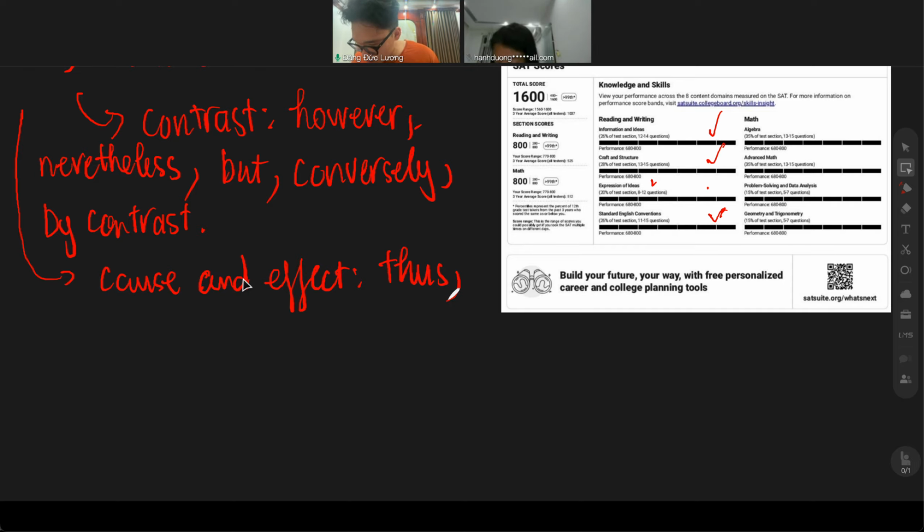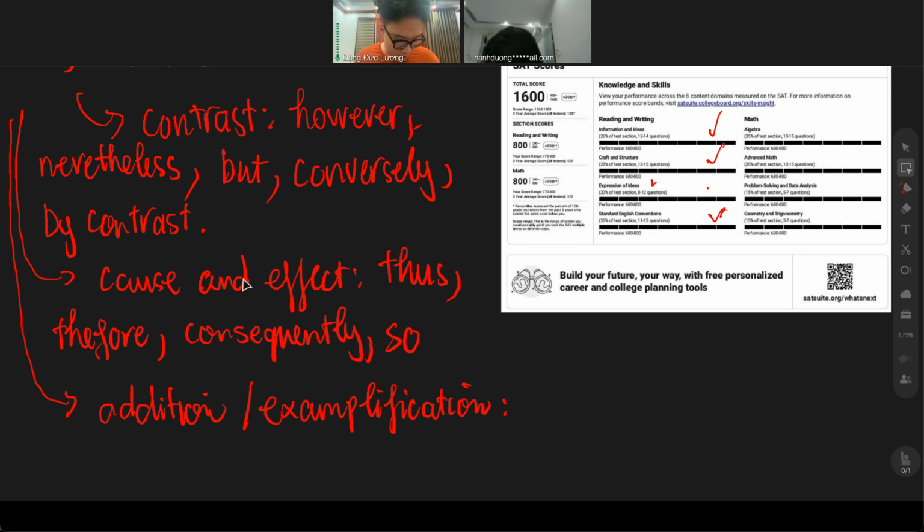Third is addition or exemplification. It has moreover, furthermore, for instance, for example.